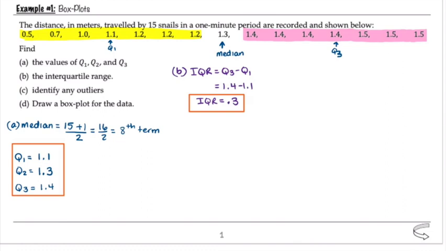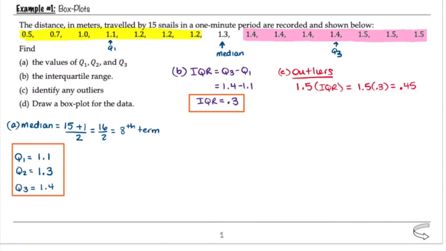C wants us to identify any outliers. So to identify any outliers, we need to know the interquartile range, which we have. We need to use the formula of 1.5 times the interquartile range.